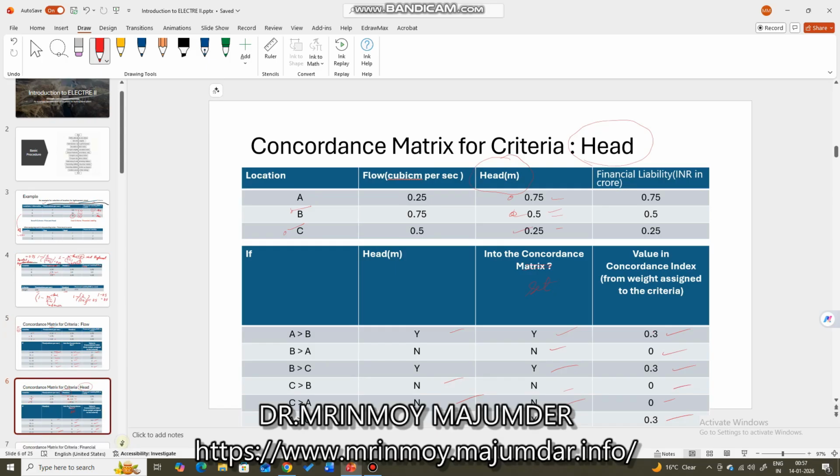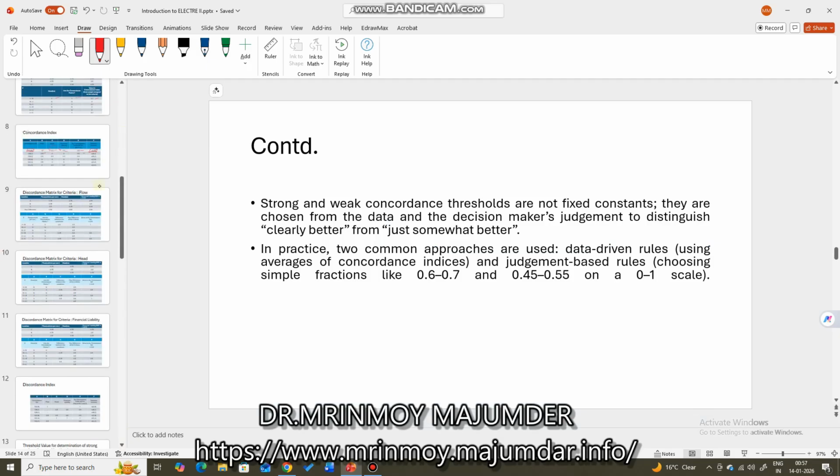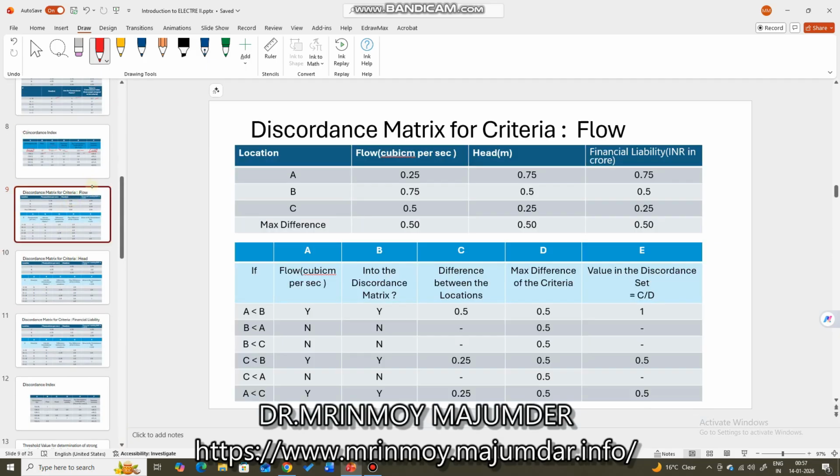So this is for the flow discordance matrix. In the concordance matrix we ask if A is greater than B, but in the discordance matrix they do the opposite: they ask whether A is less than B. For flow, it is yes, for A and B in the discordance matrix.